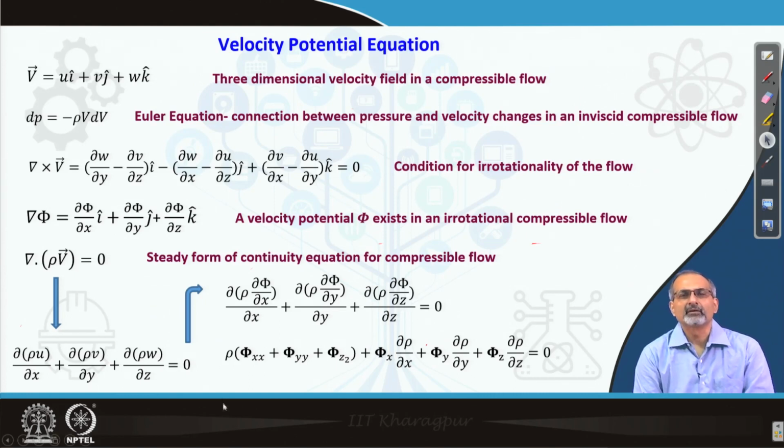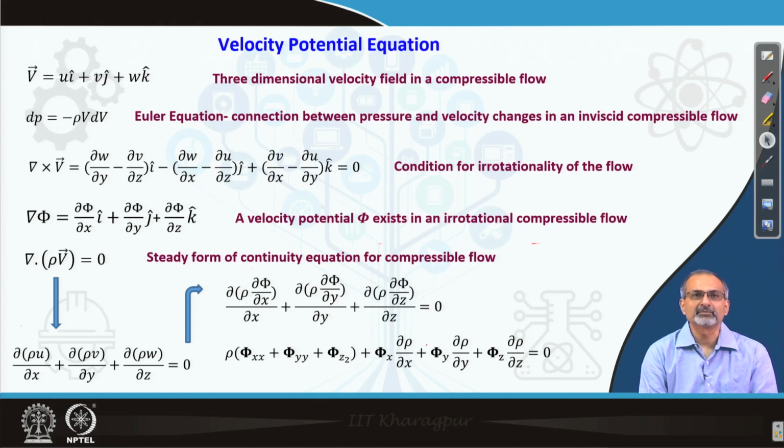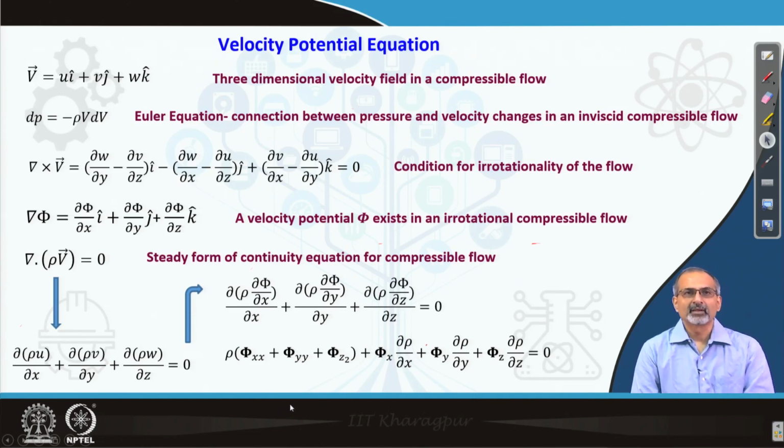And in the second line, you find a very important equation written in a very compact form, the Euler equation. It is a connection between pressure and velocity changes in an inviscid compressible flow, and the statement is dP equals minus rho V dV. This is one of the most important relations in the fluid dynamics world.